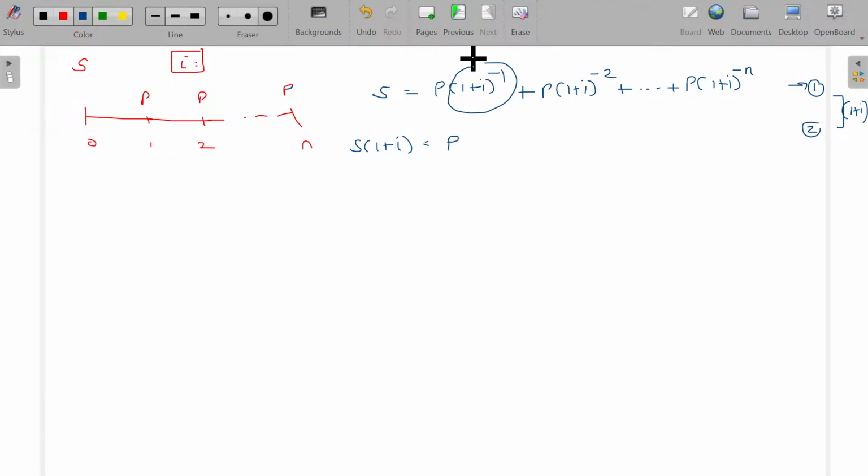So this becomes 1, and 1 into P you will get P. Similarly, the next one, P into (1 plus i) to the power minus 1, and it goes on. Finally, you will get P into (1 plus i) to the power minus n plus 1.